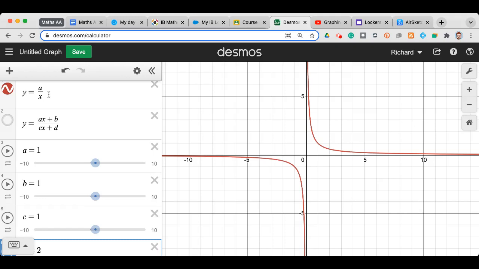So you think there'll be a vertical asymptote, but it will shift left or right. Okay. And did you have something to say about the horizontal one as well? Was it a similar sort of thing? Okay. So I'll compress it, you reckon? Okay. Thank you. What about the shape of it? What do you think will happen to the shape of it?